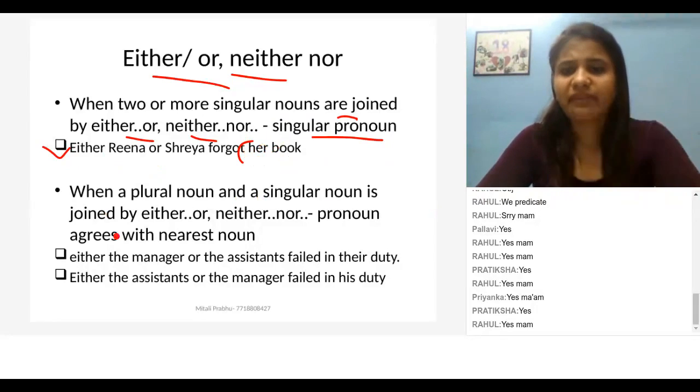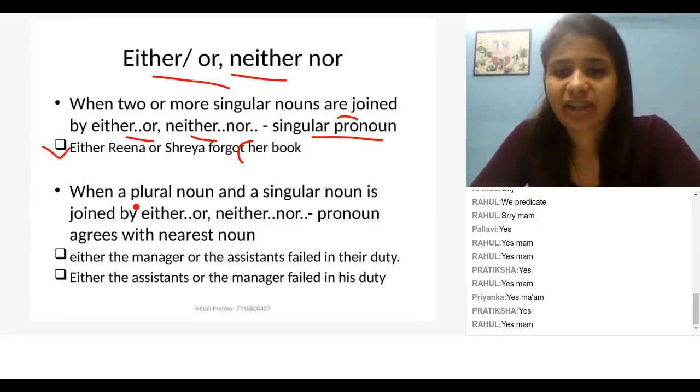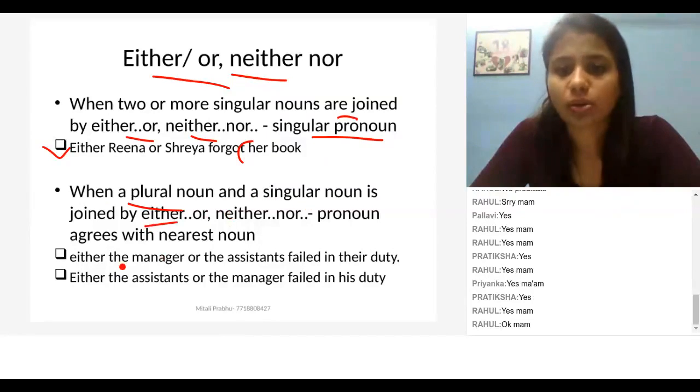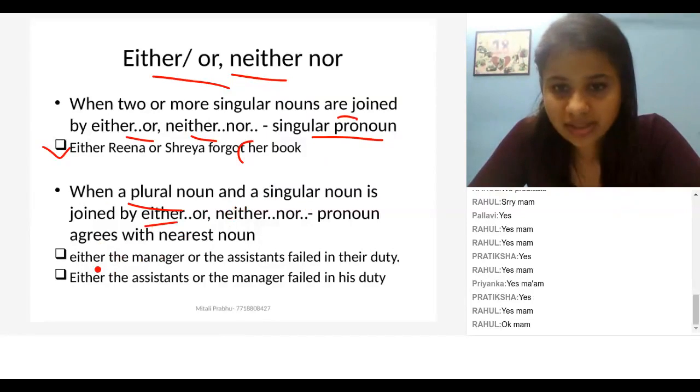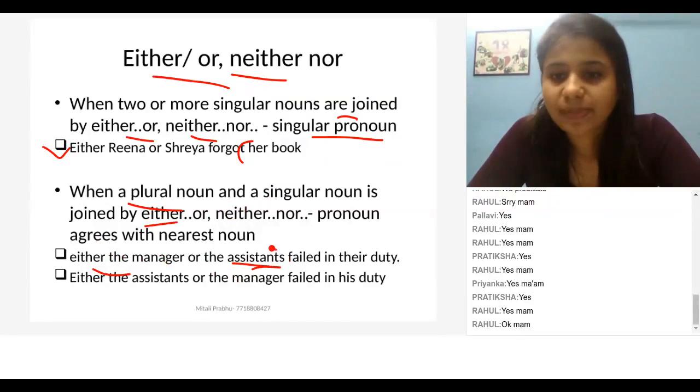And when do you use a plural pronoun? Whenever a plural noun and a singular noun are joined by either-or or neither-nor. What does that mean? Either the manager or the assistants. Now you're talking about the assistants. Assistants is a plural noun, and so the nearest pronoun will be plural again.